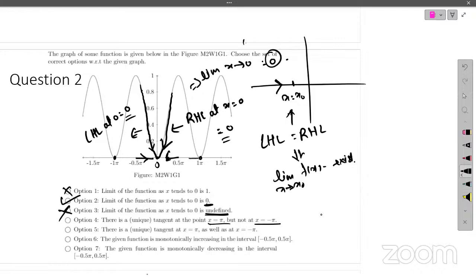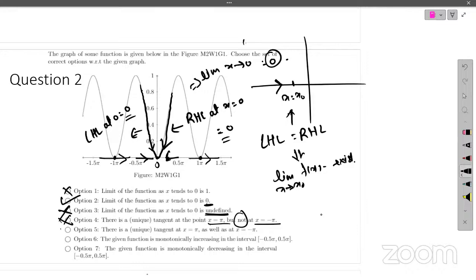It is quite clear that the x-axis is working as a tangent at these two points, right? So at both x equals pi and x equals minus pi we have a unique tangent. That's why this option is not correct, so it got discarded.